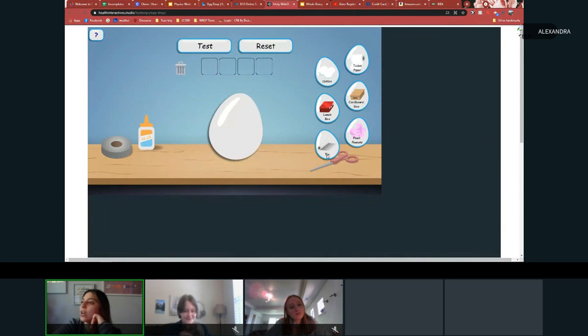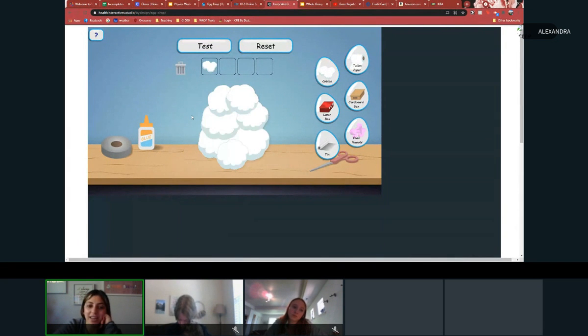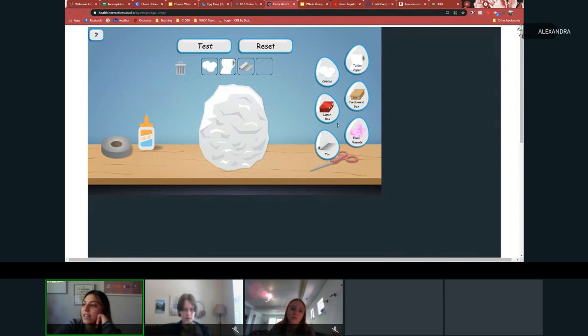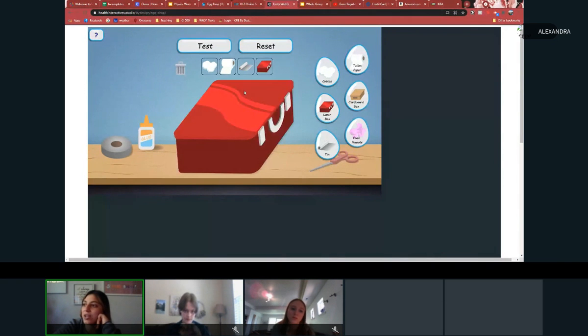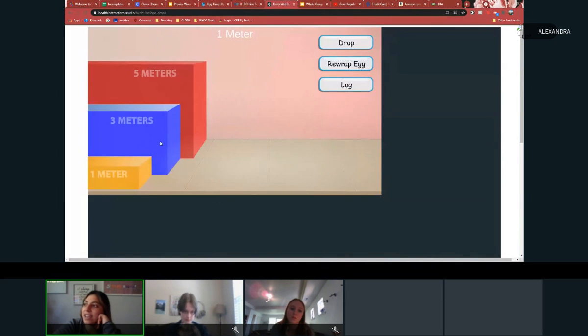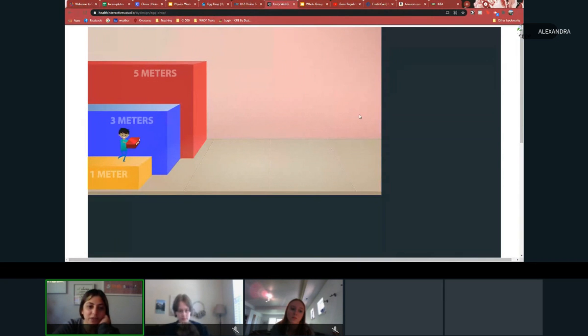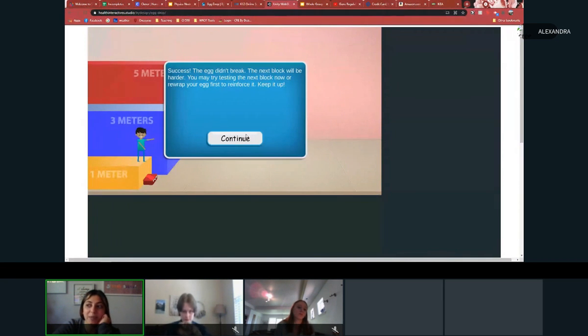You can choose to wrap your egg in cotton first. You can then choose toilet paper. Let's say you decide to do tin, and finally you put it in a lunchbox, and then you can test it and click drop, and play around with a bunch of materials and see with the simulation what would happen.